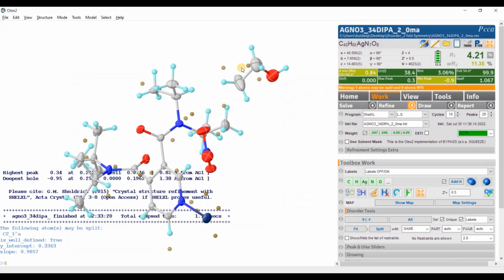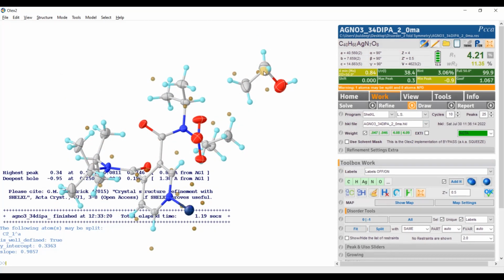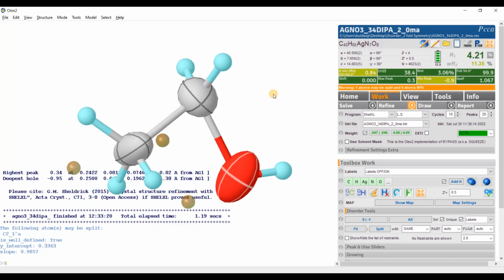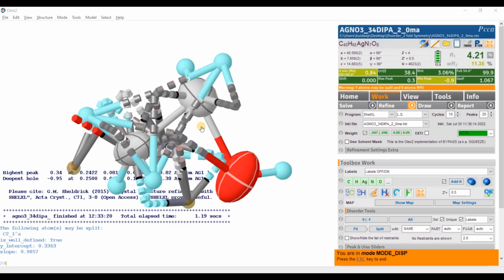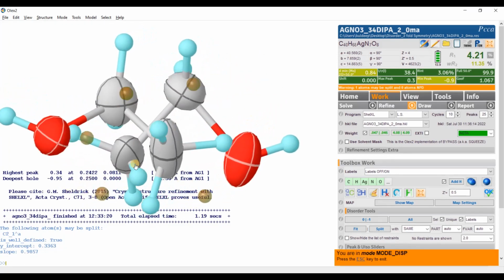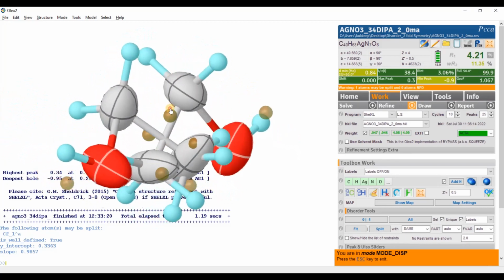And now this is ethanol and this is the nitrate. If I select this just by pressing shift and I'm going to type UNIQ, and this is ethanol. I'm going to press Ctrl G, then you can see the two orientations of the ethanol molecule are like this.